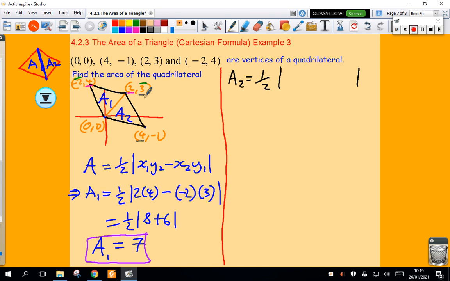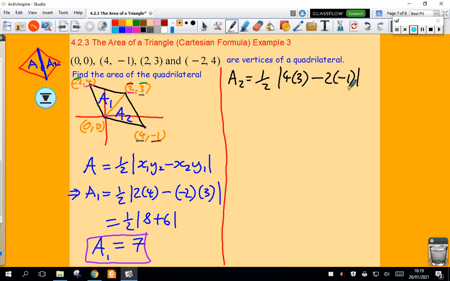So it's going to be 4 times 3. Subtract the second x coordinate, 2, times the first y coordinate, -1. So 2 times -1, and that's what I'm looking at.